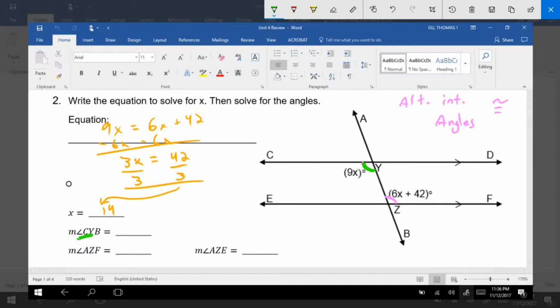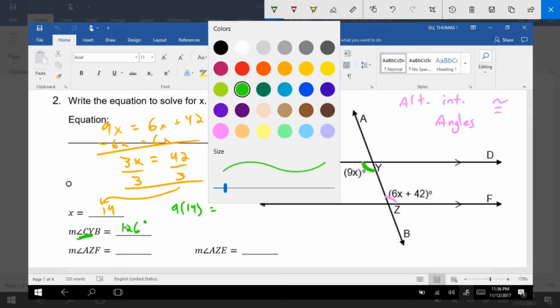I'm going to go 9 times 14 because x is 14, and that's gonna be, let me bust out my calculator. Where is it? Hang on a second. 9 times 14 is 126. So 126 degrees.